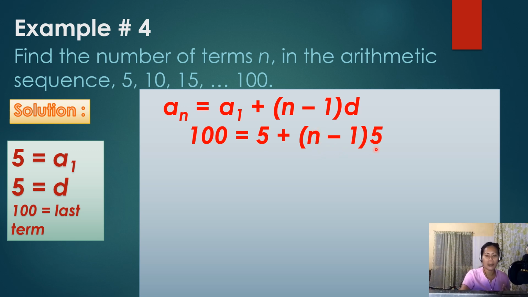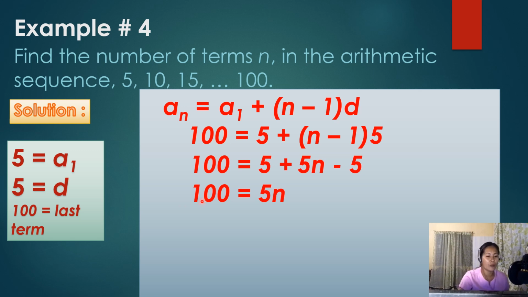And then we multiply by 5. 100 equals 5 plus 5n. That is, if we multiply 5 and n, we'll get 5n. And then 5 times negative 1 will have negative 5.